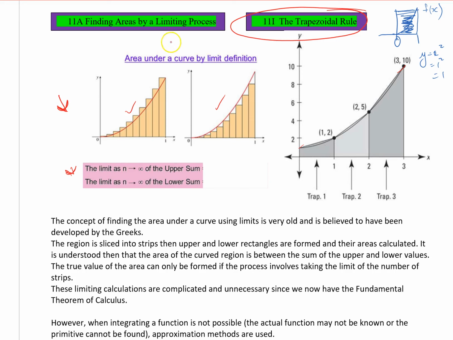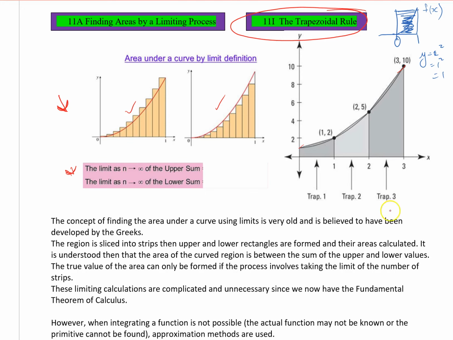Actually, in terms of finding areas using rectangles and limits, we're not going to do those calculations, because to use it thoroughly, we would need some maths that we haven't studied yet.